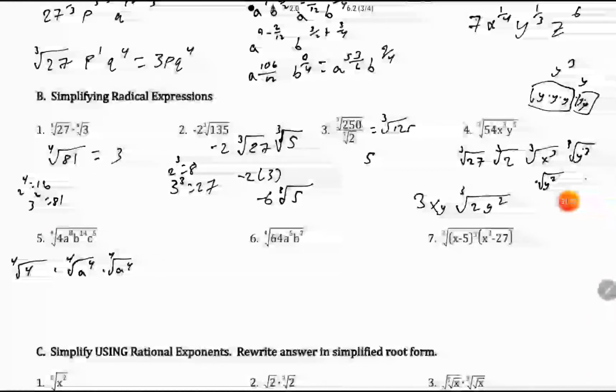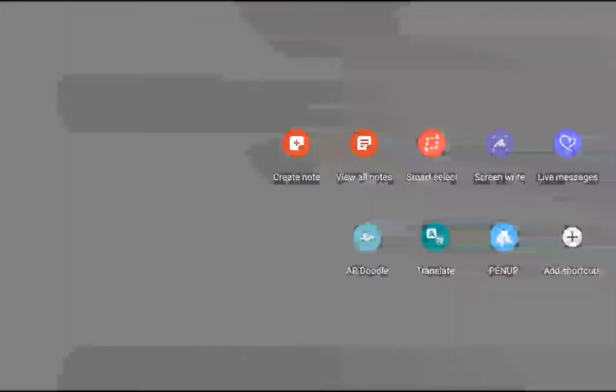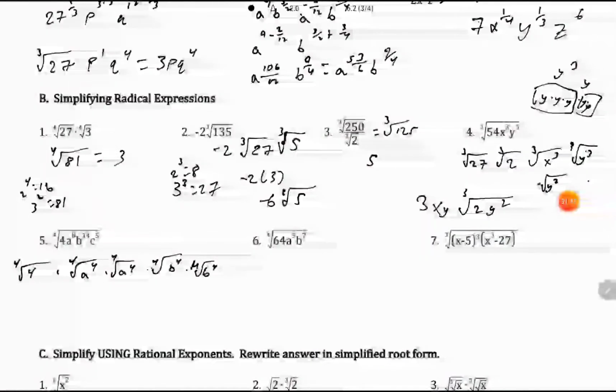You divide it, so 14 divided by 4. That's 3 with 2 remaining. But I'll show you all the steps. Times the 4th root of b to the 4th times the 4th root of b to the 4th times the 4th root of b to the 4th. So that's b to the 12. And then we have 2 more b's.